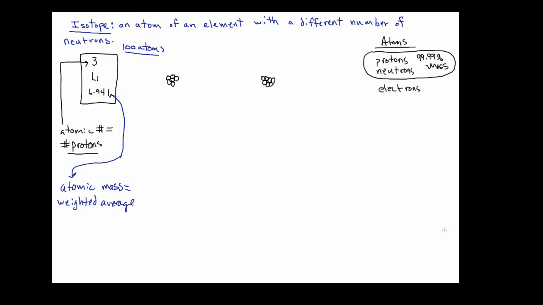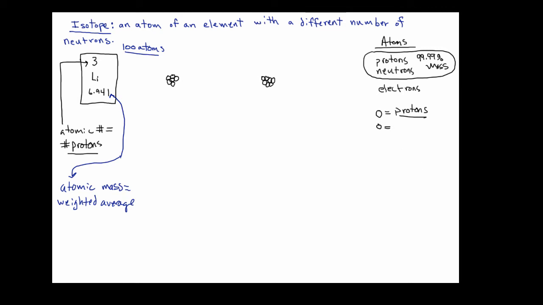Okay, and I'm going to define for us over here, these spheres are going to be of 2 types. So we're going to use the open circles as being the protons. Remember, the protons define the identity of the element. So 3 of these circles, in both cases, are going to represent the protons.